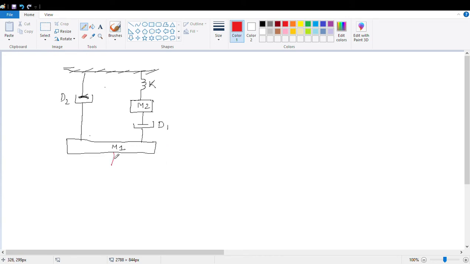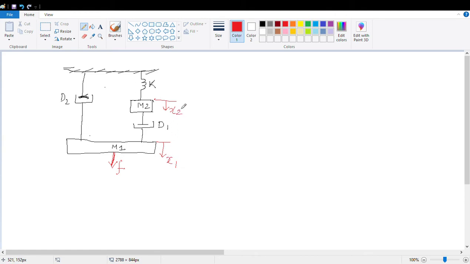That means this mass M1 is pulled with a force F, and due to this pulling, a displacement occurred. This mass has been displaced by x1 and this mass by x2. So these are the displacements x1 as well as x2.